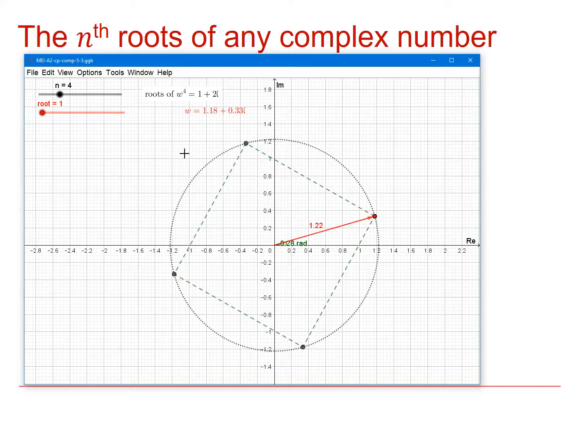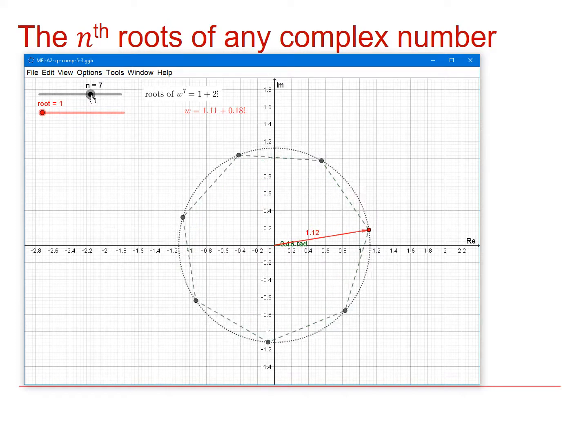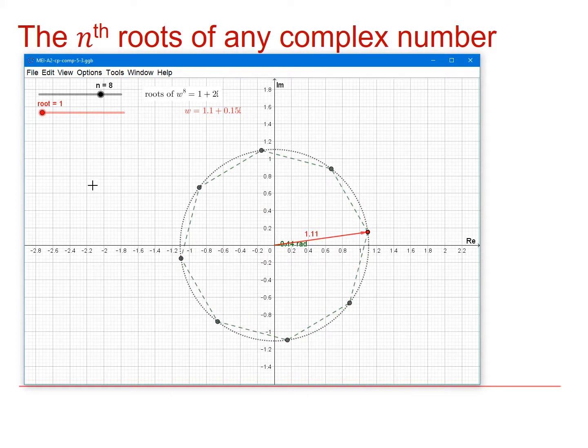I'm now doing the 4th root of the modulus of 1 plus 2i, and I get 4 roots around the circle, again evenly spaced. Push that up to 8, and again I get 8 roots evenly spaced around the circle, and the radius of the circle has come down even further.